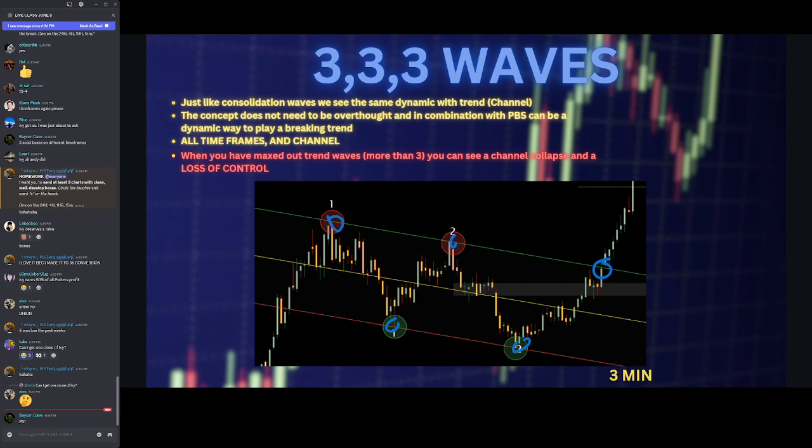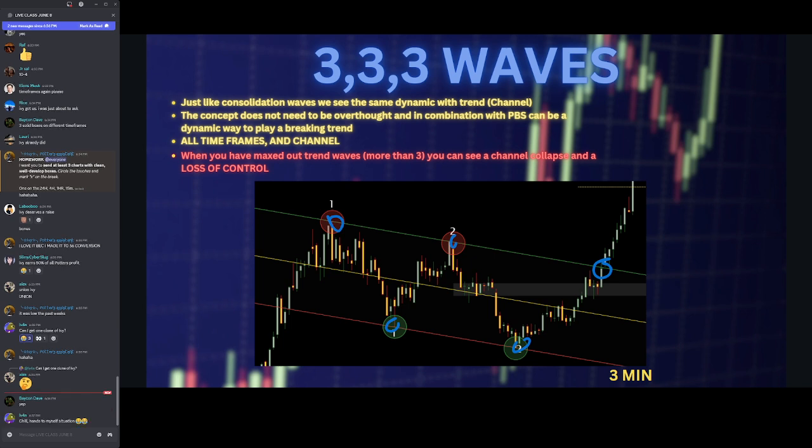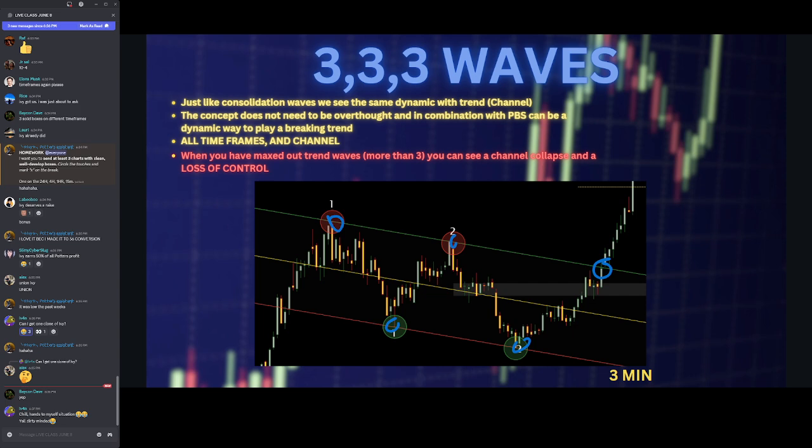All time frames have control. It doesn't matter if you're in a weekly uptrend, you could be in a 5 minute downtrend. All of these are true, right? And so every single time that you're looking at a stock and it's moving, it might be creating a range and you can't see it.